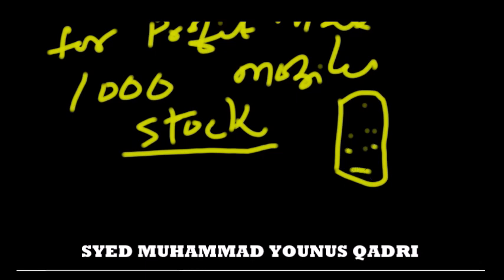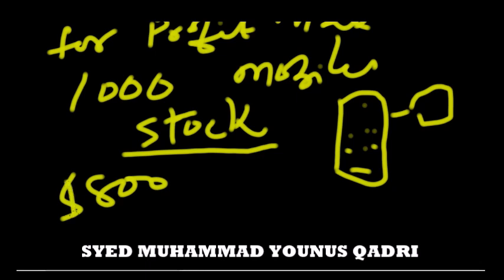They do not tag the price on it. Price is not there; the cost of production is there. It has been produced for $1,000, or $800, or $500. That is the cost.